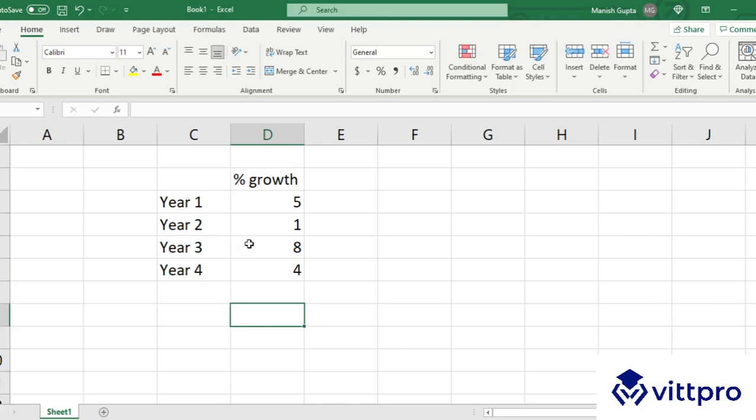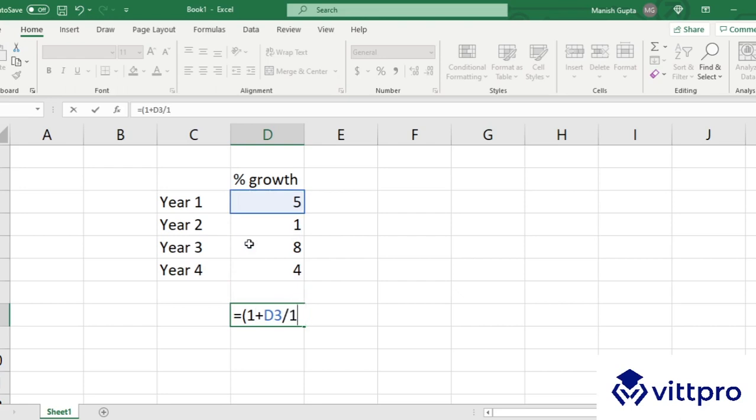So one way that we were calculating was the CAGR. How we calculate the CAGR is, the formula was 1 plus R divided by 100.